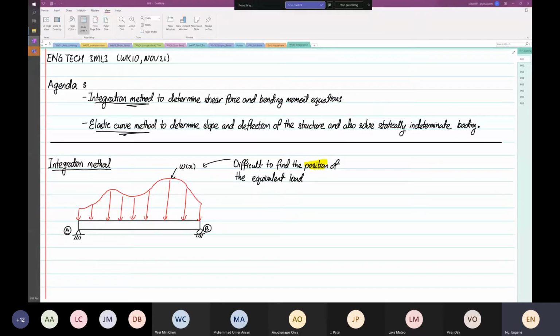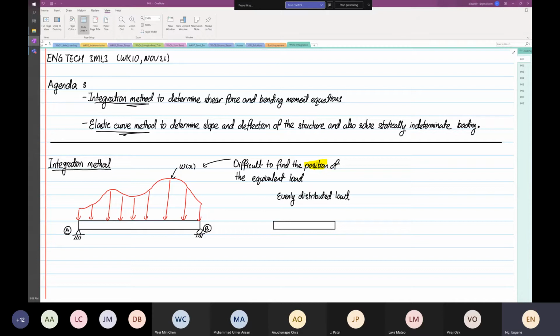So if we have the first one, I'm going to sketch out a beam. Okay, so this is our beam. The first one that we are going to deal with is evenly distributed. It's going to be an evenly distributed load.